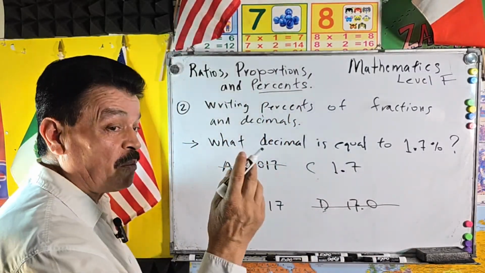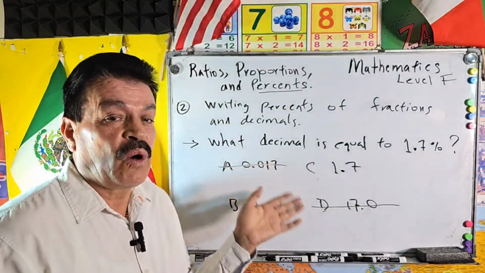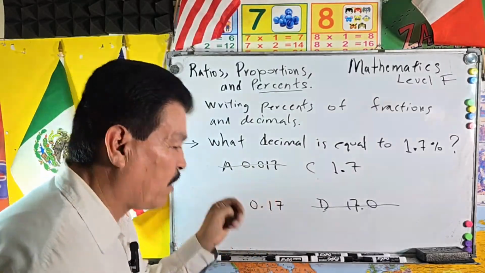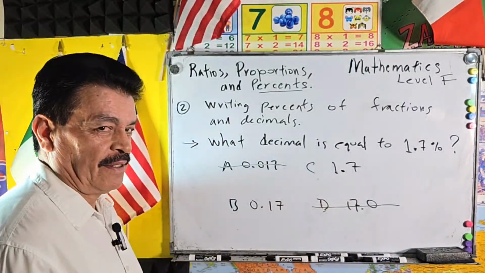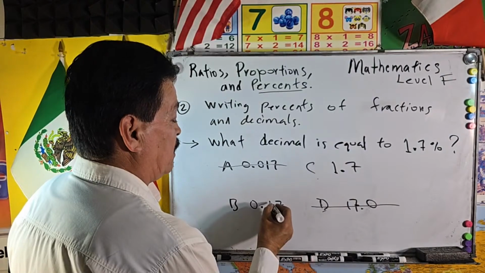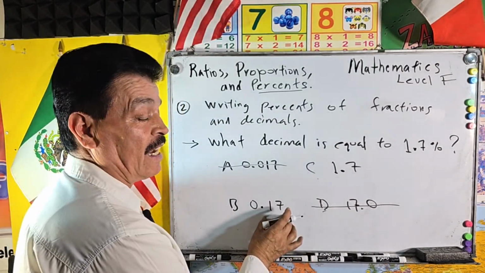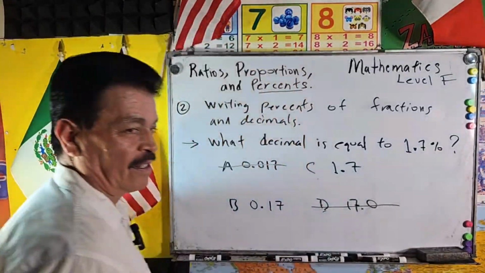So of the possible answers, 2 are very close and 2 are very far away, completely wrong. These 2 are very close answers. Here is 0.1700, and here is 1.7.